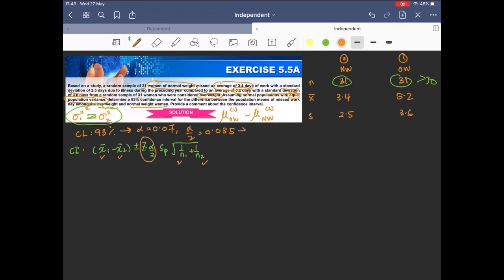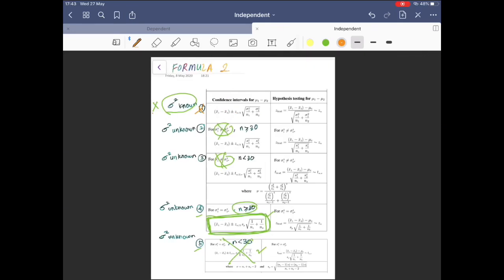So here z 0.035 is equal to 1.8119. Okay, next, you don't have SP. So look here, the formula for SP. Ta-da! This is the formula for SP.